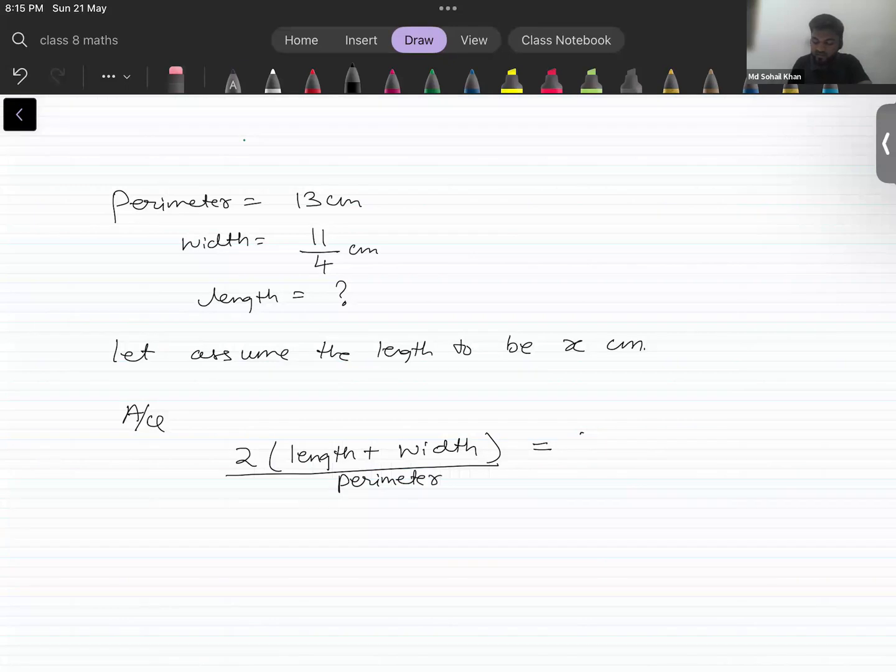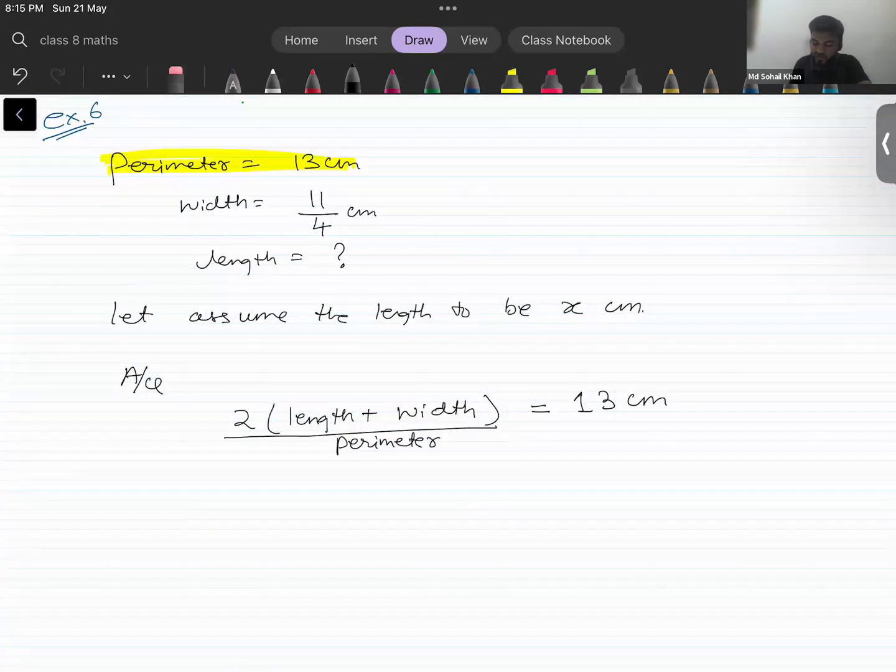And according to question, it has been given 13 centimeter, isn't it? I just wrote it here, Ahmed. Okay. So it has been given as 13 centimeter. Now, in this formula, just put the length and width. What is the value of length here? Which we have assumed as x centimeter. So let's write length as x here. What is the value of width given in the question?